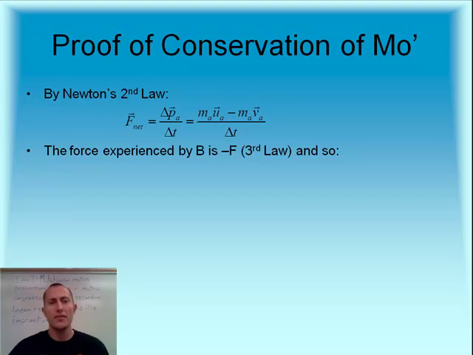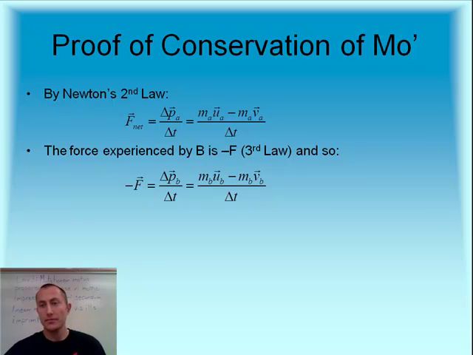And so if the net force on object A is delta p over delta t, there is an equal and opposite force on object B that is equal to negative F. And so all that is, the magnitude of the force is the same size, but it's in the opposite direction. And so the net force on object B, the negative F, is equal to the change in momentum of object B over delta t.